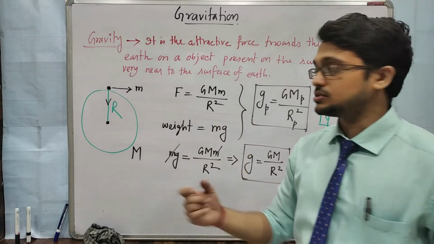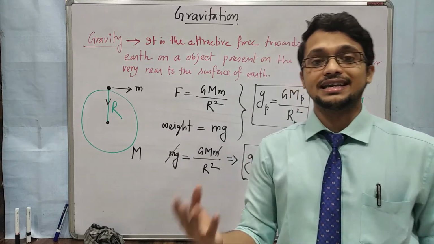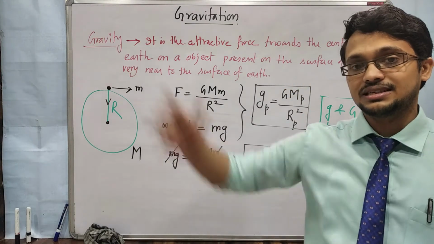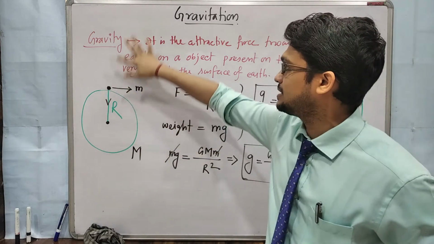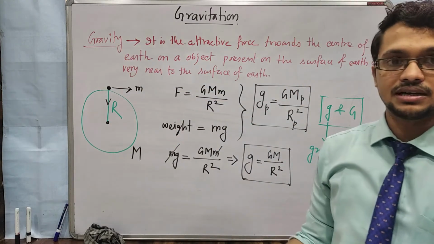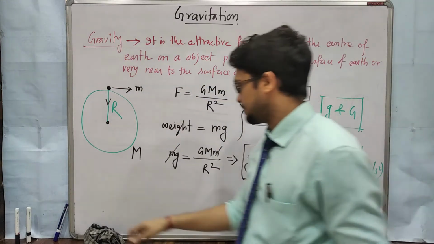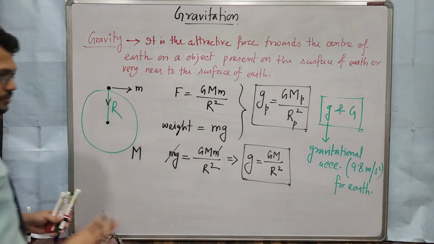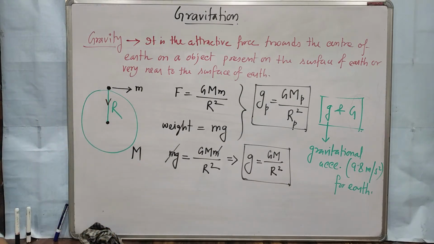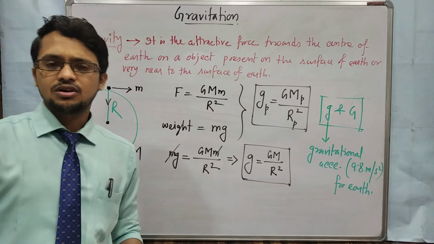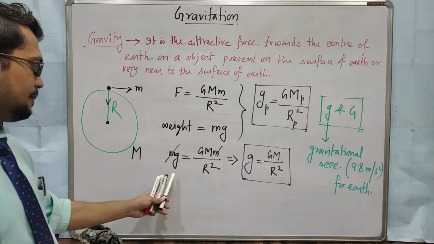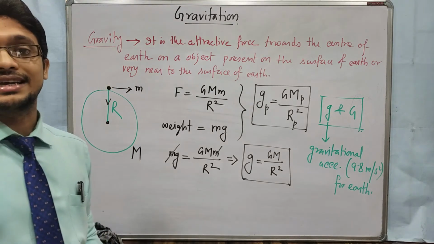The attractive force due to the earth will go on decreasing because the separation R is increasing. R increases means the force will decrease. So with height from the surface of the earth, if that height is not very small, then the gravitational acceleration will go on decreasing.